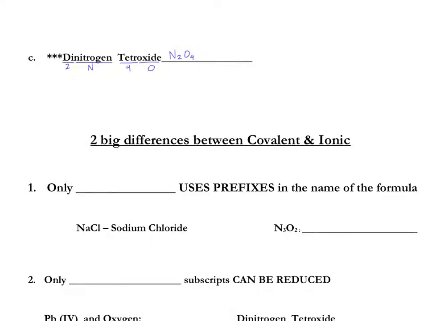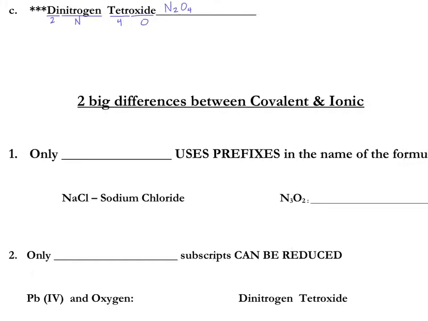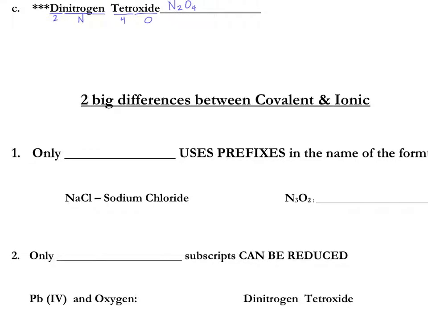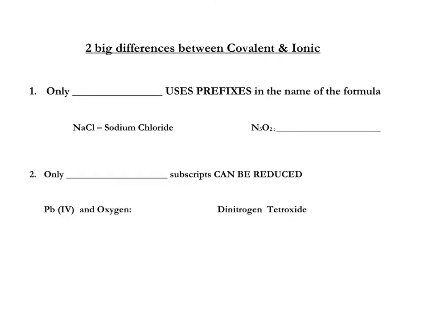So now let's look at some differences between covalent and ionic compounds. So the only type of compound that uses prefixes are covalent compounds. So covalent compounds use prefixes in the name of the formula.